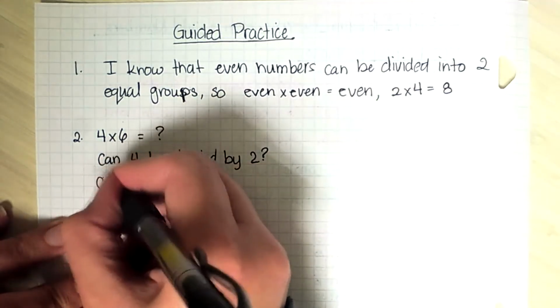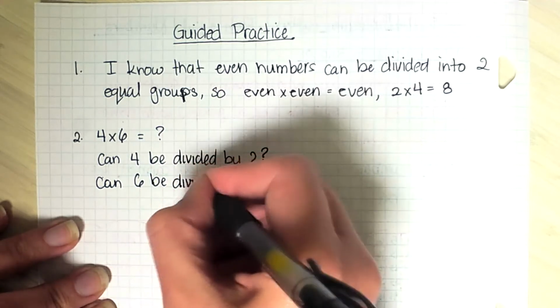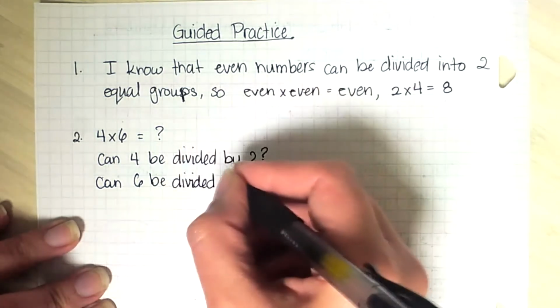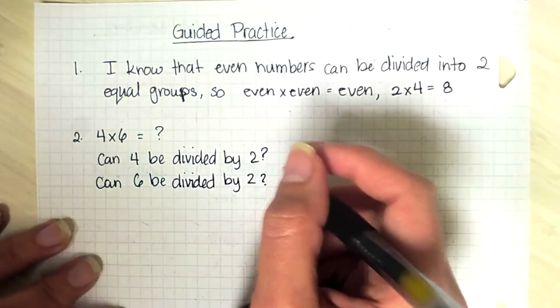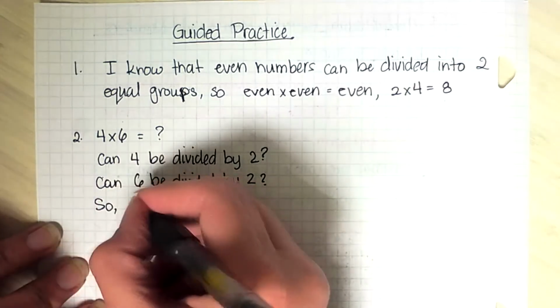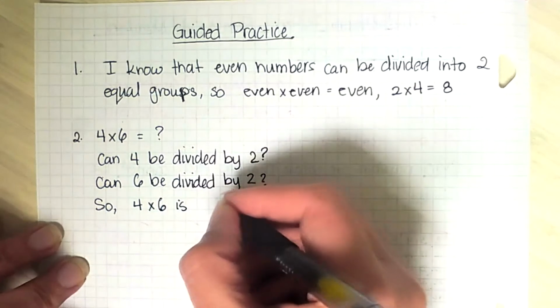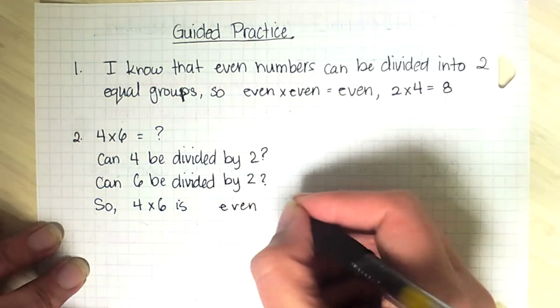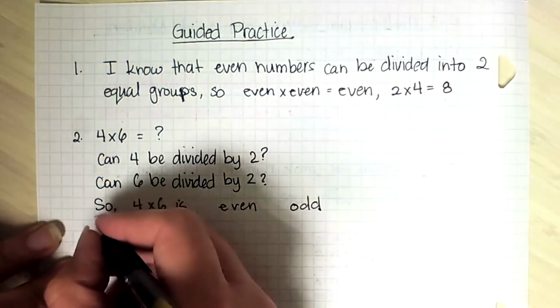And then it says, can 6 be divided by 2? And then it says, so 4 times 6 is, and you have to decide, even or odd, and then you need to solve.